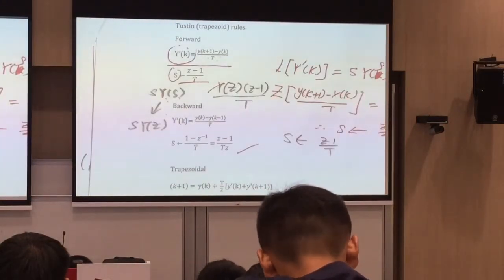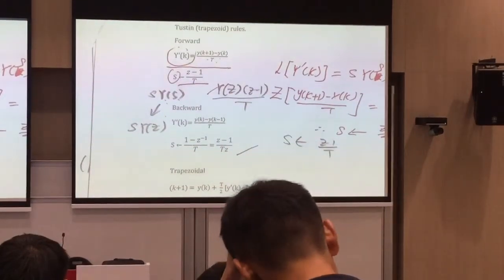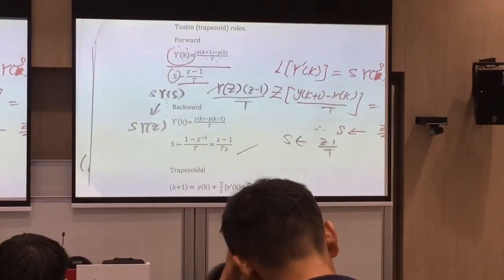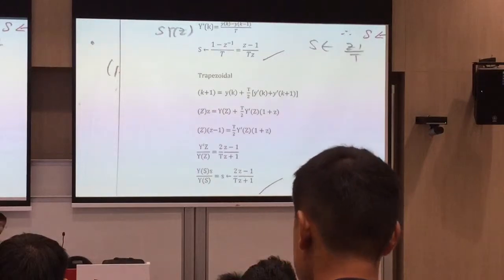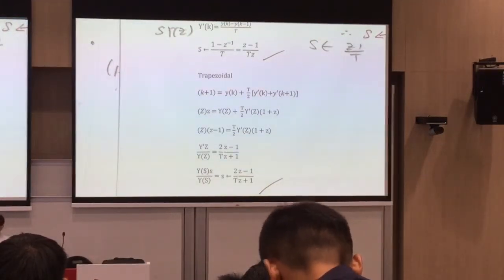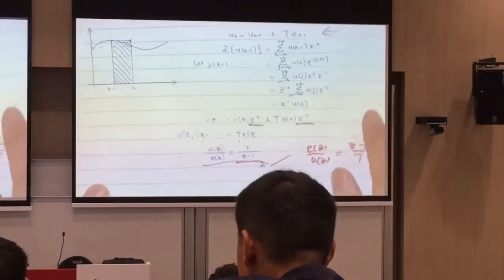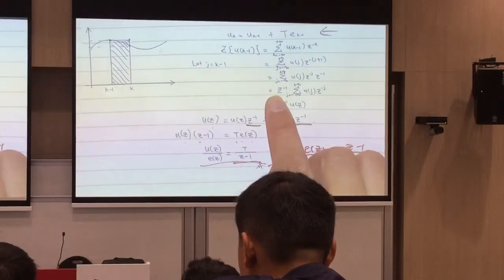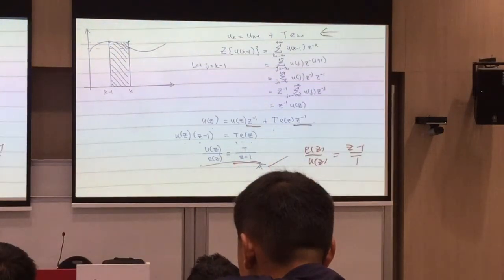The property is your time delay will be converted to Z power minus 1. Your left shift will be plus 1. Okay? So this is the thing I want to highlight. Okay, usually for the Z transform you got two ways to use it. One is you apply the definition. Right? But when you apply the definition, there are also some slightly tricky parts. How to get your delay out? You need to shift your variable by 1 time, 2 times.